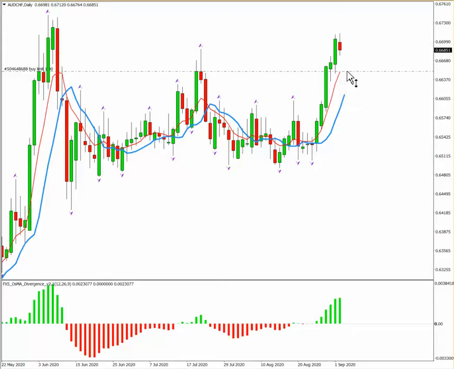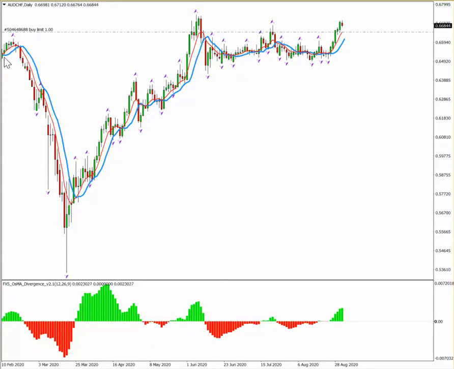I'm just going to call it 8 MA from this point on. Maybe create a separate video explaining the entries and exits for the strategy. For now, we'll just have a look at what the setups are for this week, beginning of the month, September 2nd, 2020. Buy limit on AUD/CHF.